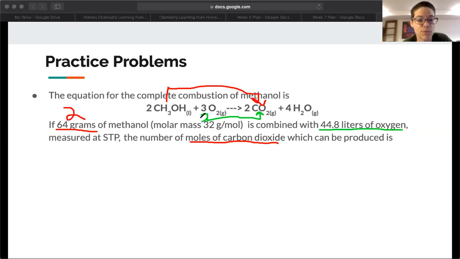If I only have 2 moles of that, how much carbon dioxide am I going to make? Less than 2 moles. Yes. 4/3, 1 1/3, 1.33, something like that.